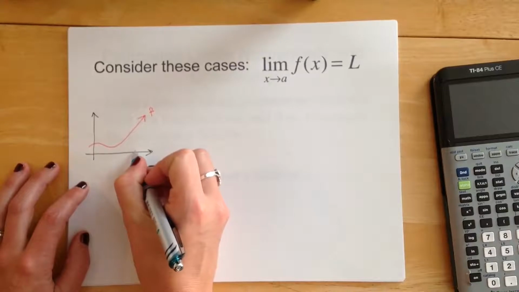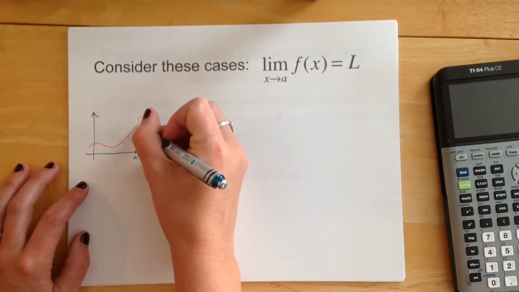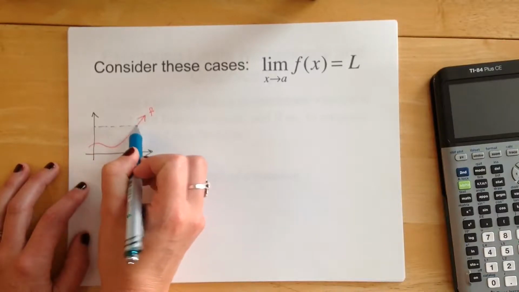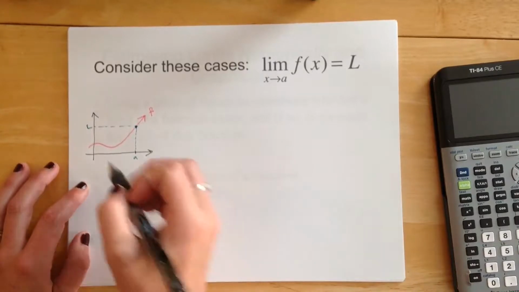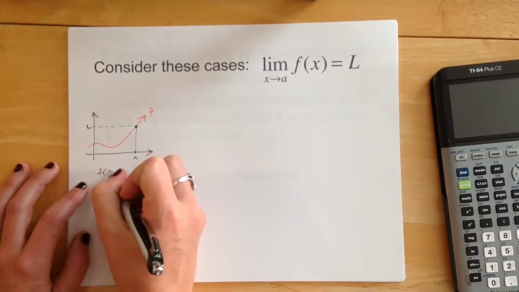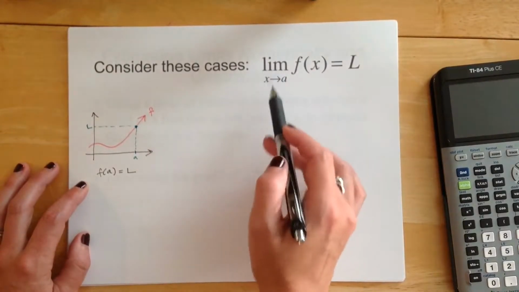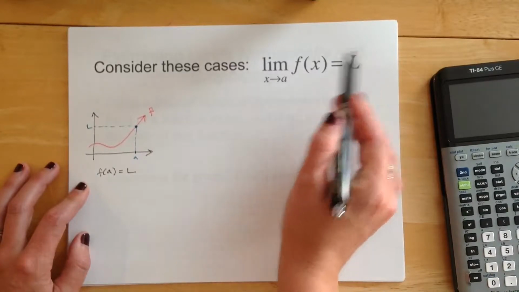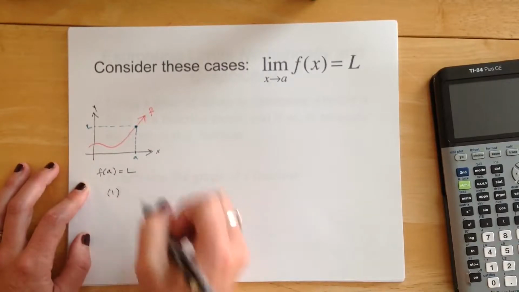Let's say x equal to a is right here, where the y value that corresponds to a is L. So the function evaluated at a is equal to L, and that matches the limit of the function as x approaches a being equal to L. So that's our first case.